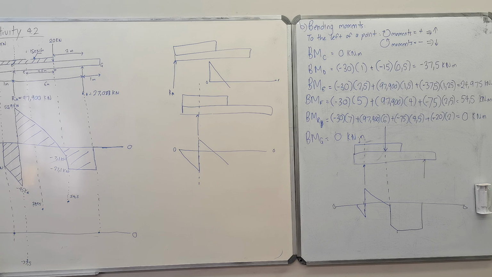Yes? And if you have a uniformly distributed load, so if you're looking at your upwards forces, you have 2 upwards forces, and then you have your uniformly distributed load in between. That now becomes a curved line. Okay? So when I'm drawing it from here, this line, when you're joining it here, would be a curve.